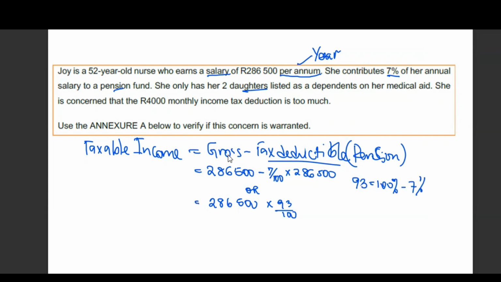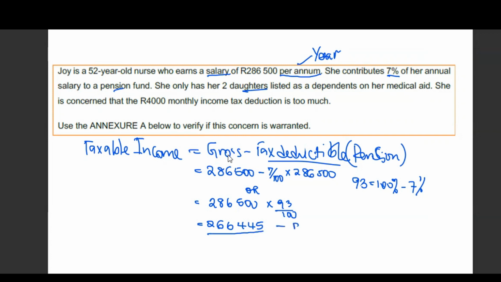We both get the same answer, 266,445. So this is now the taxable income.